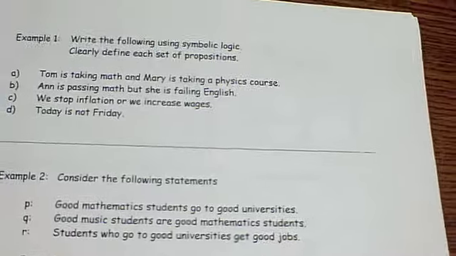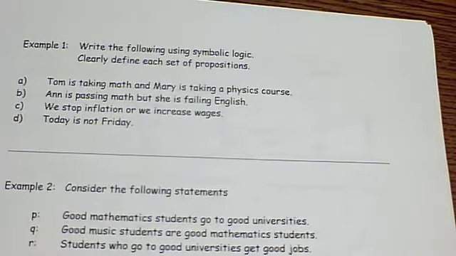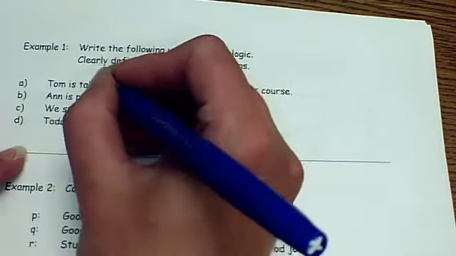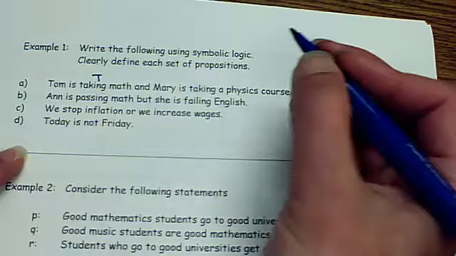All right. Write the following using symbolic logic. So the propositions. Tom is taking math and Mary is taking a physics course. What if we called Thomas taking math, I guess T for Tom, M is taking a physics course.